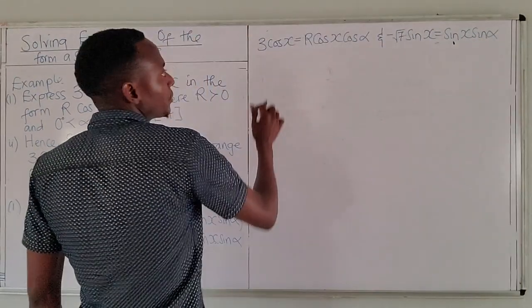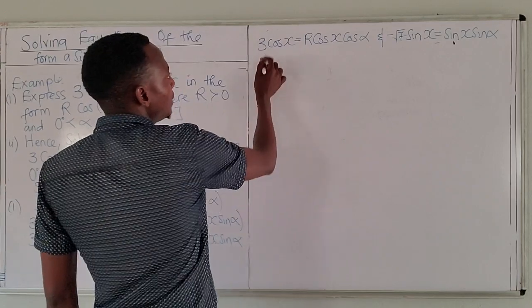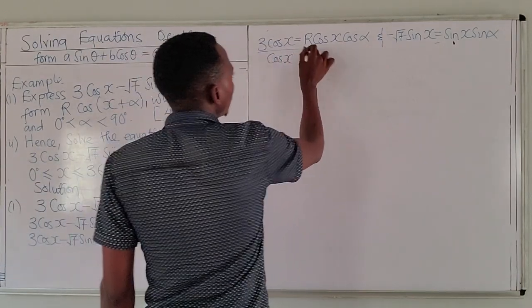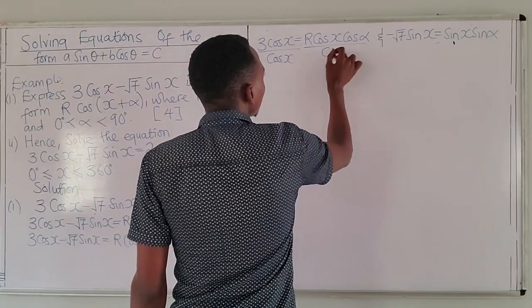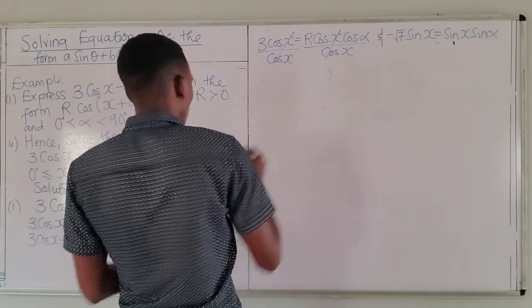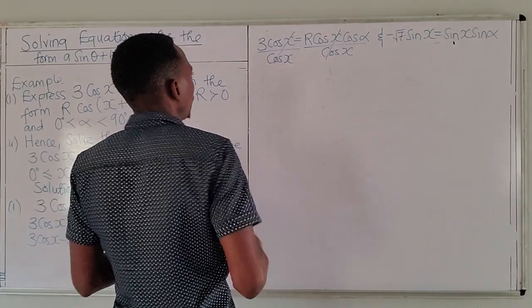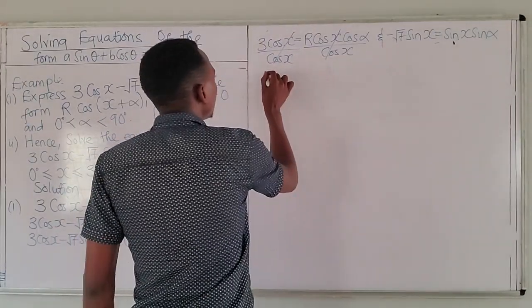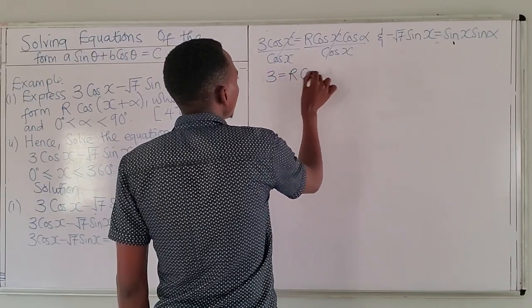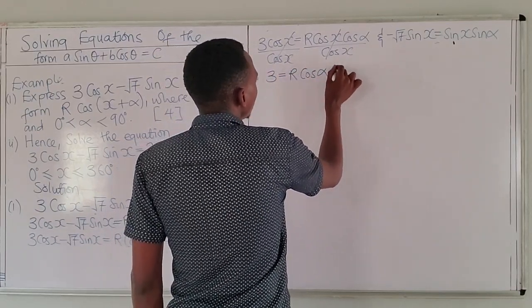From there, we can divide by cos x, and we remain with 3 is equal to r cos alpha, and this becomes our equation 1.